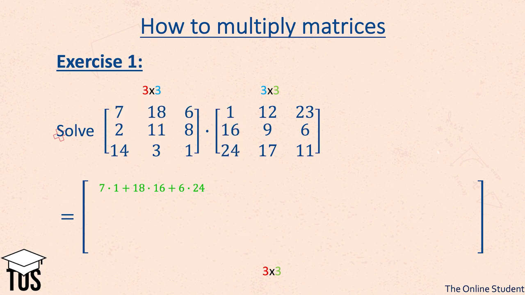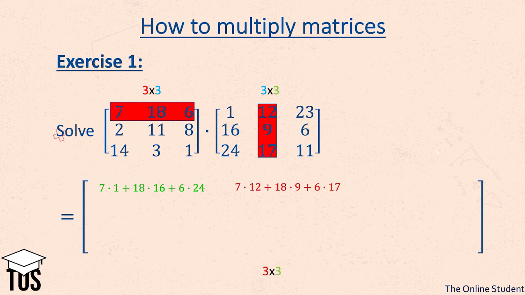Okay, let's take a look at the second combination. This will be with the first row and now the second column. So this element will be 7 multiplied by 12 plus 18 multiplied by 9 plus 6 multiplied by 17. And again, because we have taken the first row and the second column, now in the resulting matrix, this element will go in the first row and second column, so in this place.